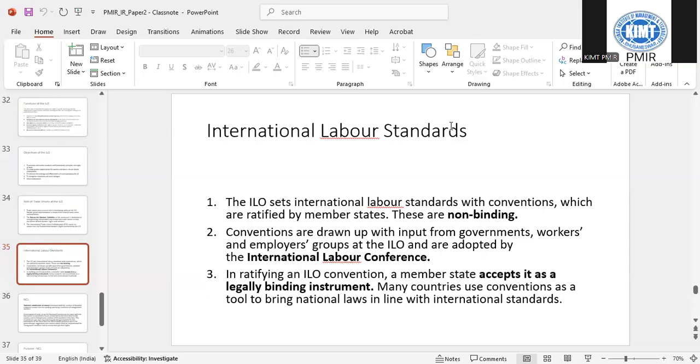So there is some age. Suppose a person is below 10 years or below 15 years, it will be considered as a child labor. So that kind of things are there in all countries. Maybe some countries are exceptions. That kind of standards, that kind of rules are set by ILO. This ILO is actually defining this kind of rules and standards and getting the approval of all the member states.